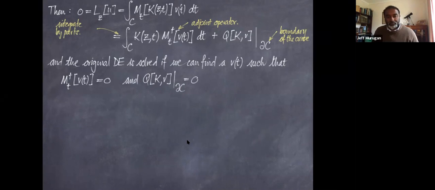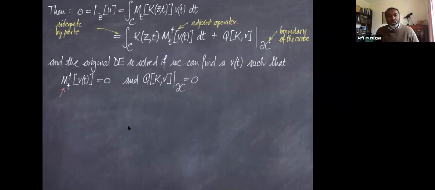Okay. Well, this equation, the first one, is typically a differential equation. Not always, depending on the kernel. It can sometimes be an algebraic equation, like with the Fourier kernel. But typically, it's going to be a differential equation.